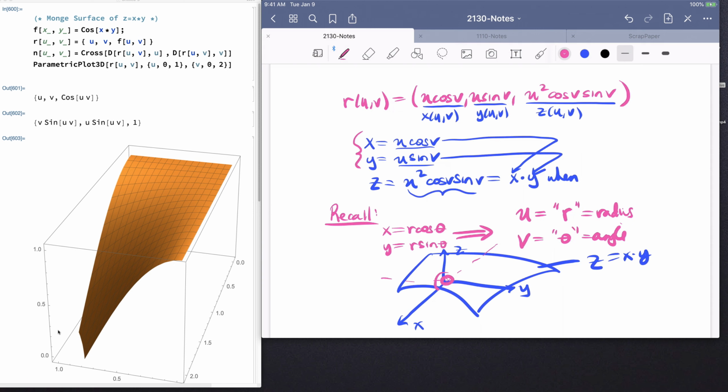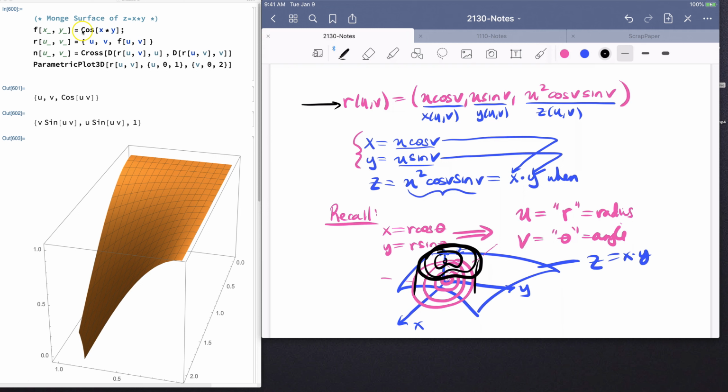So we're seeing circles here in the xy plane, and then we are seeing the parametric form of the surface here, the part of the surface in blue that is sitting over top of these circles. Okay, so we're seeing a circular description of the surface x times y.